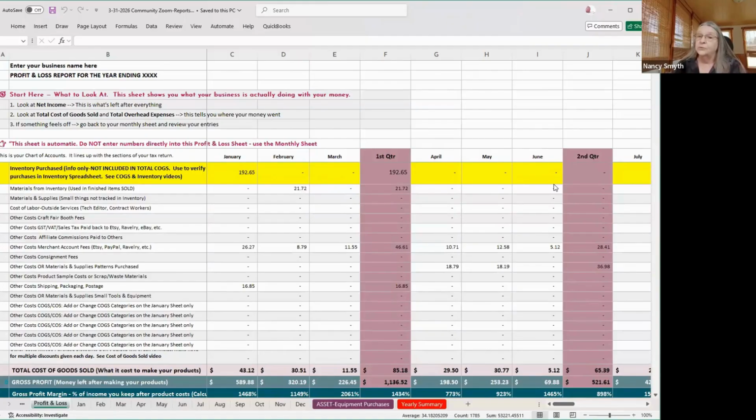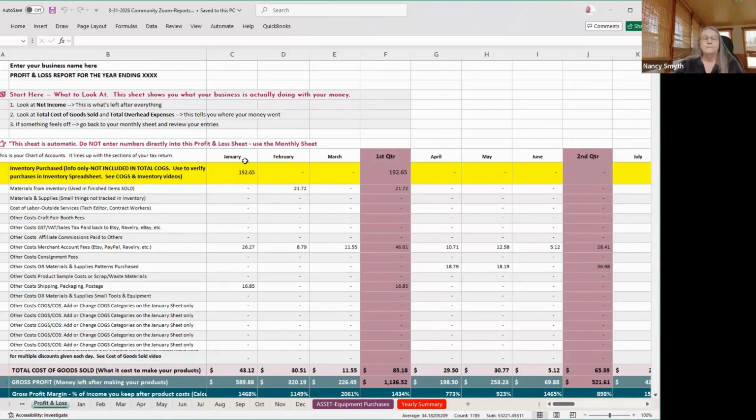Inventory still has a total for the quarter and the year, but when it takes income minus cost of goods, it ignores that, okay? Because inventory really is separate.